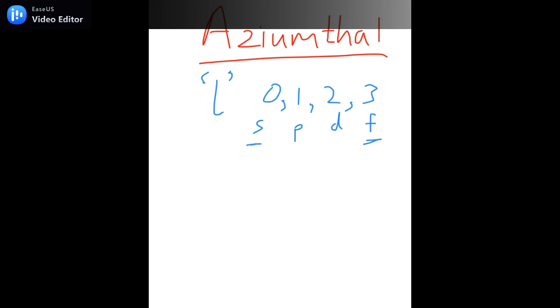Now, again, we have two formulas. The first formula is the total number of electrons in the subshell. The formula for this is 2 times (2l plus 1). And then the second formula is for the total number of orbitals in the subshell.